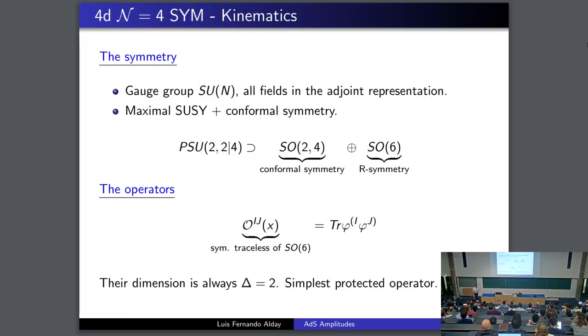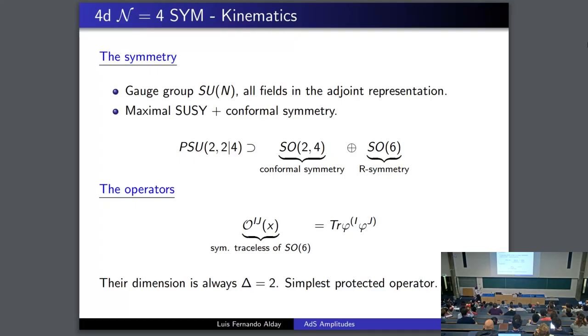The operators we will consider for this talk, there are 2 kinds of operators which will be relevant. One is this very simple operator. The theory has these scalar fields, phi^I, and you just take the trace of phi^I phi^J. This I is in the fundamental of SO(6), so it goes from 1 to 6, so that this operator is in the symmetric traceless rank 2 representation of SO(6).